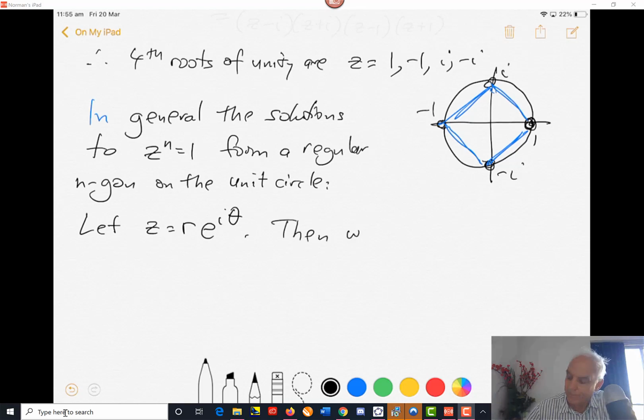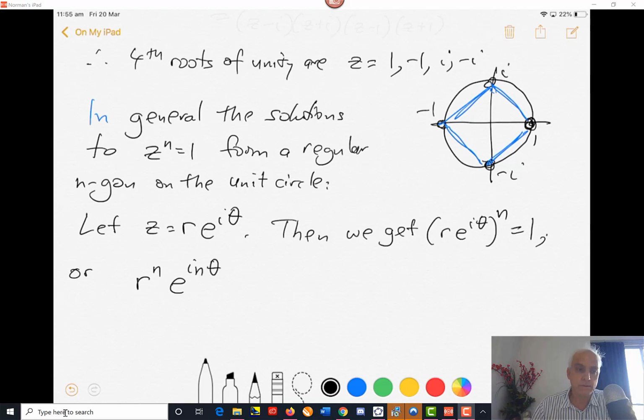Then we get r times e to the i theta, to the nth power, equals 1. Okay, so what does that amount to? This is r to the n times e to the i n theta equals 1. Now, what's the polar form for 1?